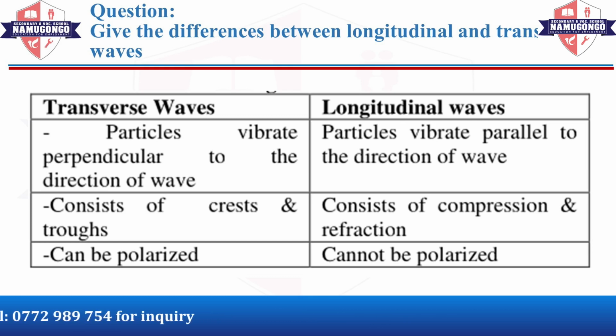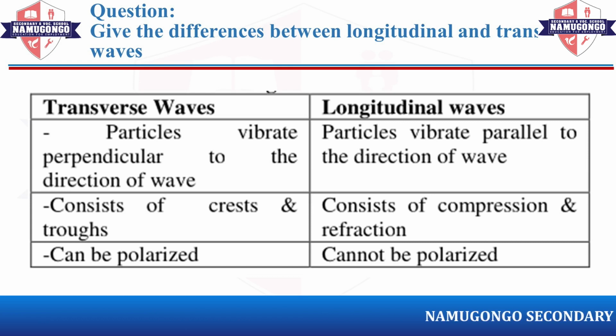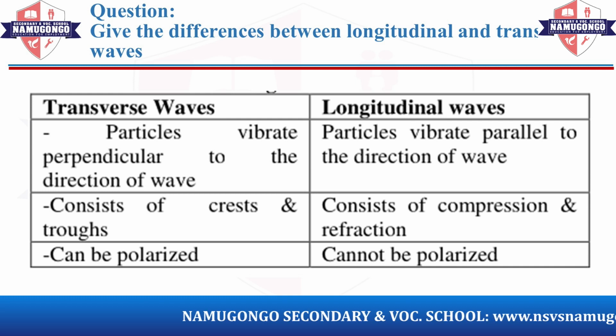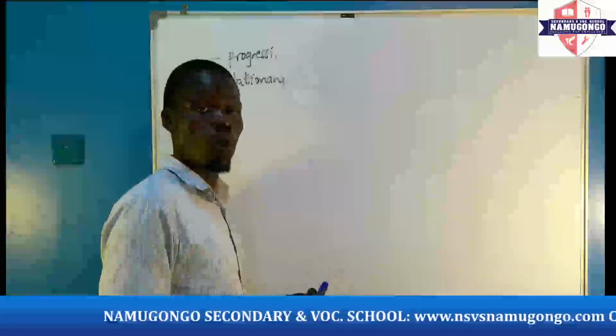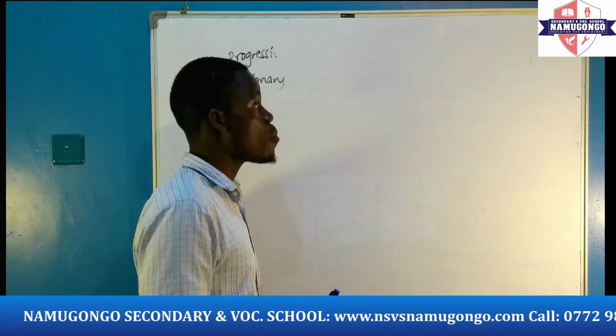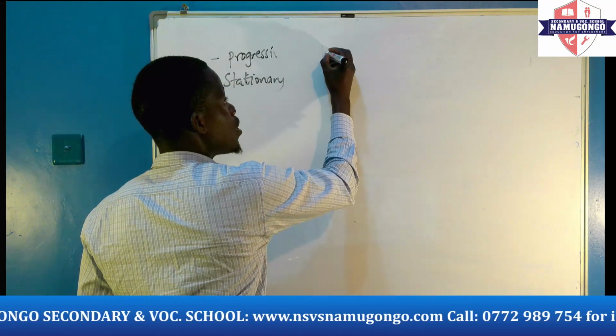Longitudinal waves have their own characteristics, whereas transverse waves also have their characteristics. So this question is as simple as what we've gone through. The easiest format is to draw a table, because when you draw a table, you can easily differentiate them.